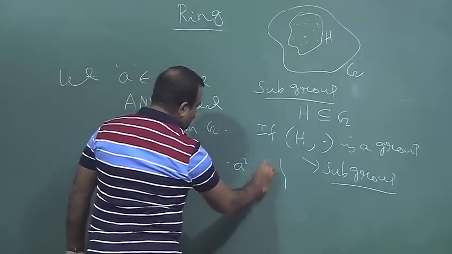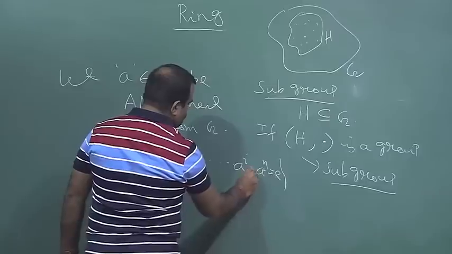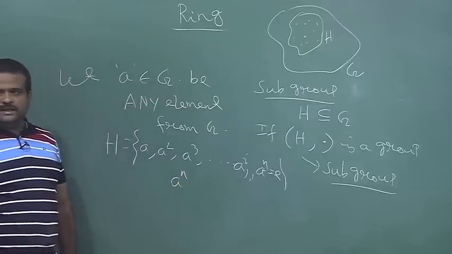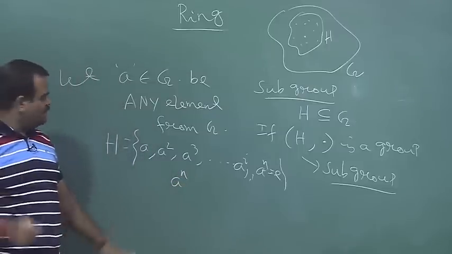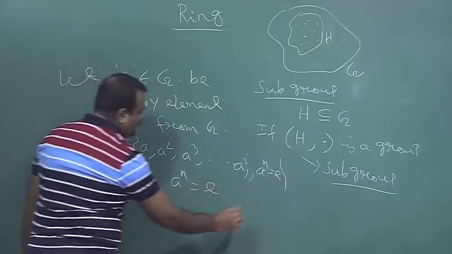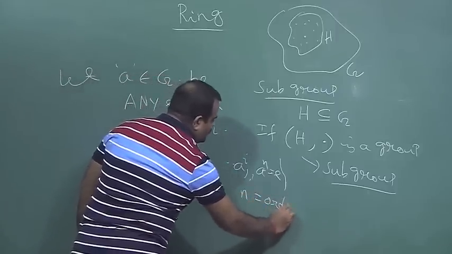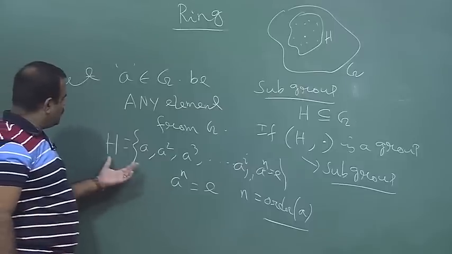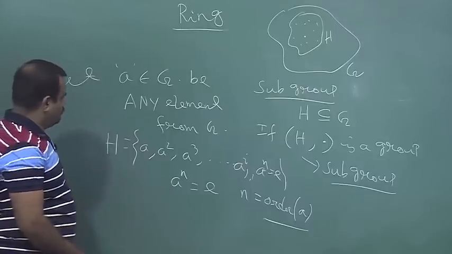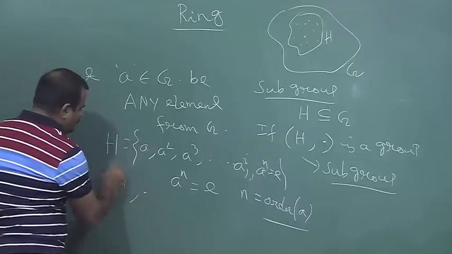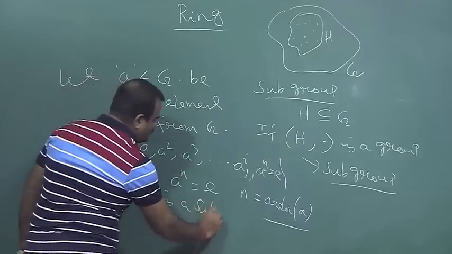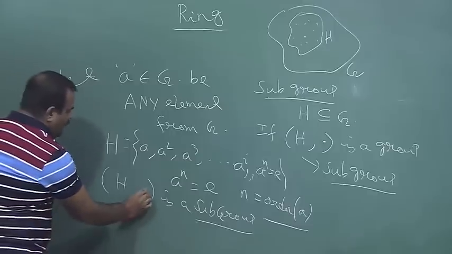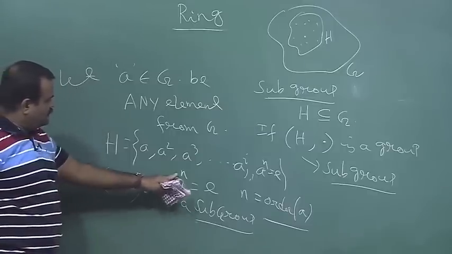Suppose that A to the power n is equal to E. So n is the least integer, the minimum natural number for which A to the power n is equal to E. Then n is called the order of this element A. So this H along with this operator is a subgroup, and the order of this subgroup is basically this n.